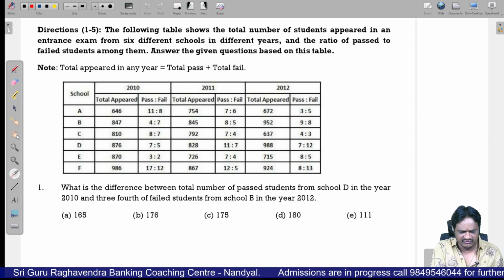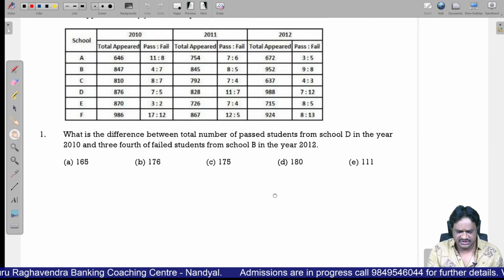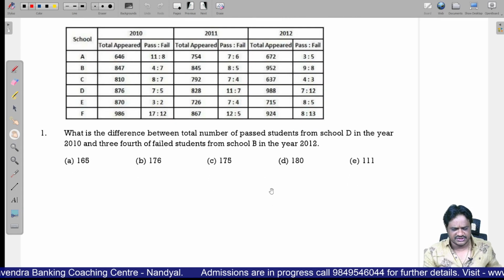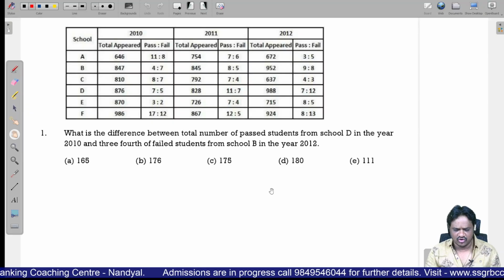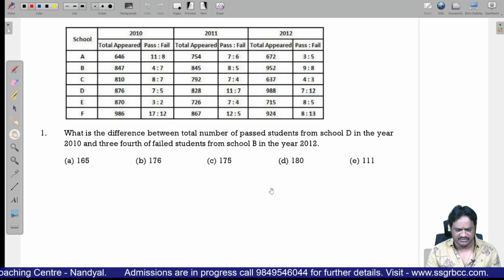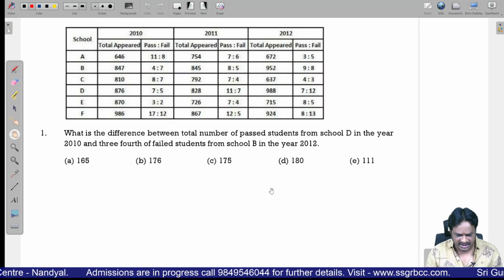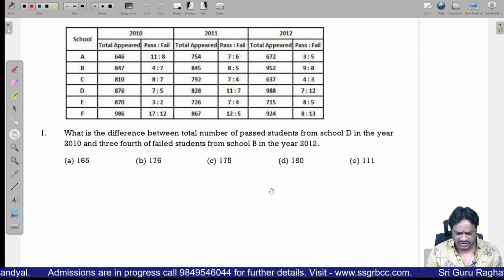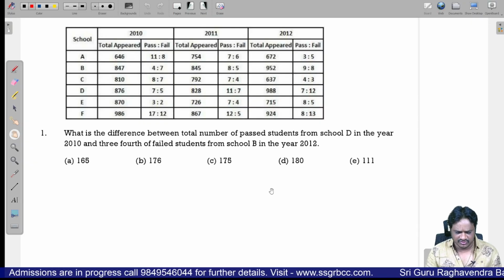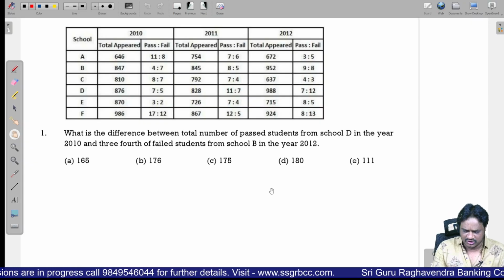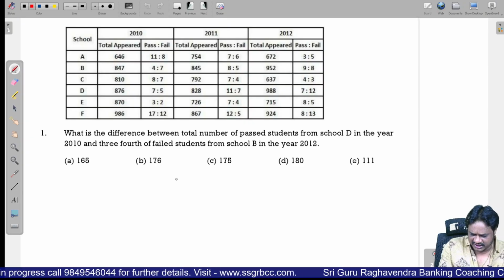So straight away we will go to the questions. See the first question. What is the difference between the total number of students passed from D in the year 2010 and 3/4 of the students who failed from B in the year 2012? For D 2010 pass, we have to take two things.